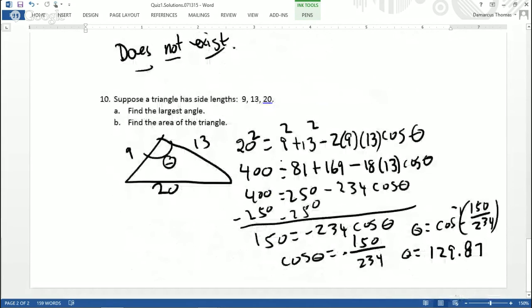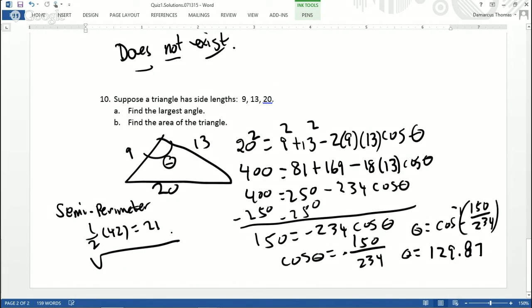We can use Heron's formula, which says first calculate the semi-perimeter. So we add up the sides and divide by 2. Adding all the sides, 9 and 13 is 22, plus 20 is 42. So half of 42 is 21. Now we're going to use Heron's formula.